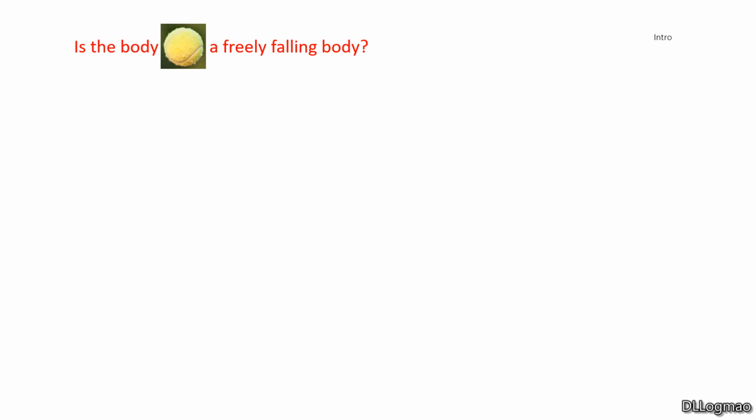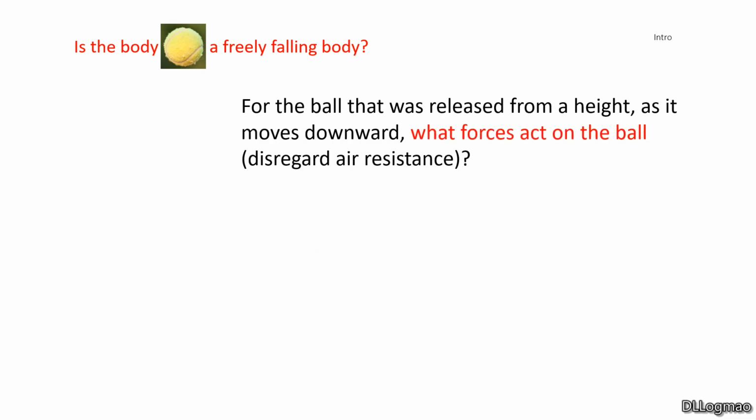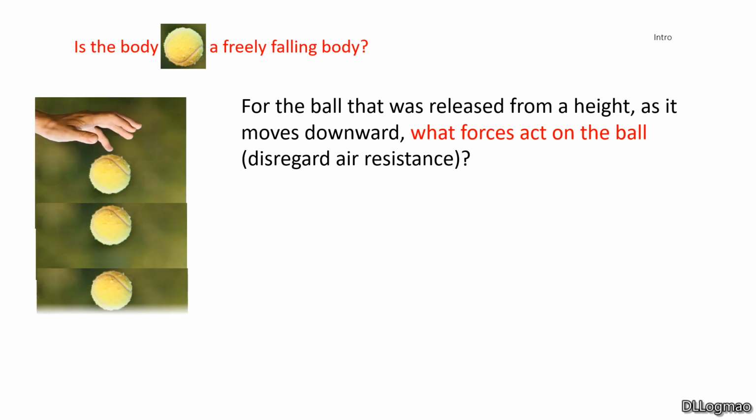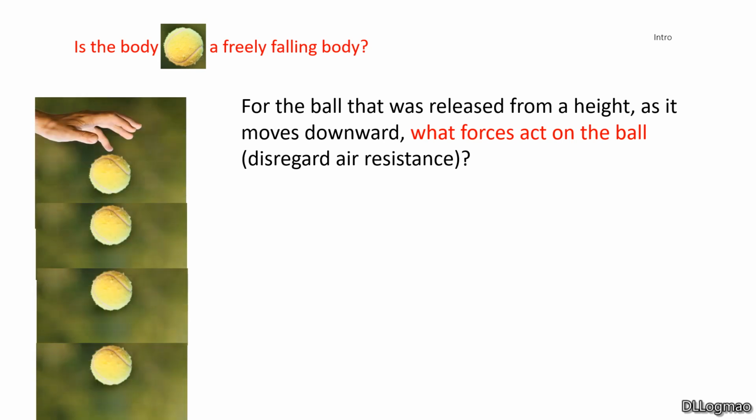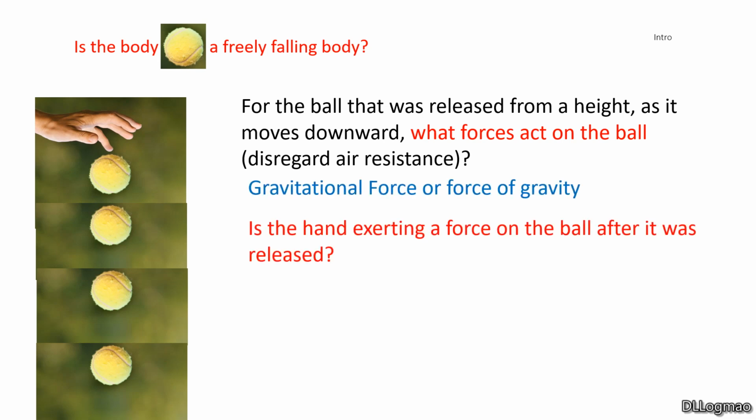Going back to the ball released from a vertical distance, as it moves downward, what force or forces act on the ball, disregarding air resistance? Isn't it that only gravitational force or gravity acts on the ball? Does the hand that held the ball exert a force on the ball after it was released?